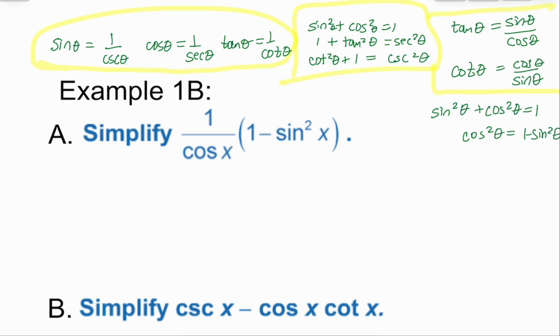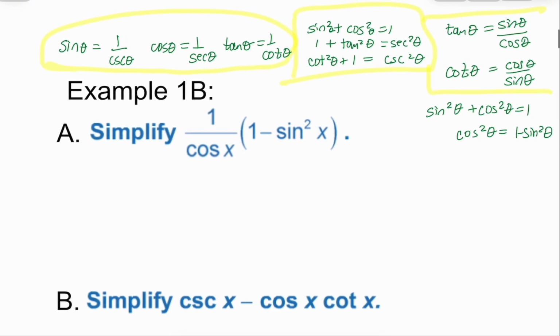Now that's a trick we're going to see very often, so make sure you get used to using that little trick. And so this is equivalent to a cosine squared. So by our rules of substitution, we can substitute in cosine squared wherever we see 1 minus sine squared. They're equivalent. So we really get here cosine squared divided by a cosine, and so our final answer is a cosine.